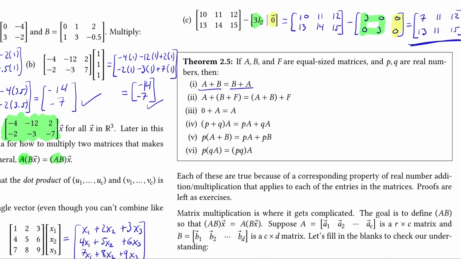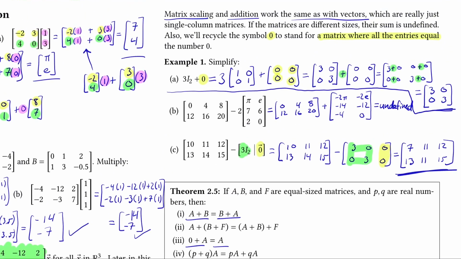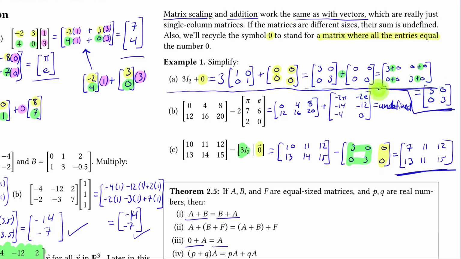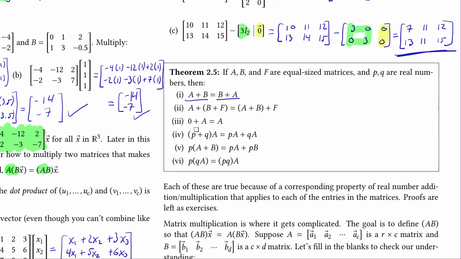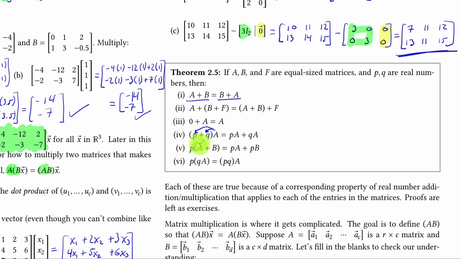If you add the 0 matrix to anything, it doesn't change it, kind of like what we just saw with example 1a. We got a couple distributive rules. We can distribute scalar multiplication over scalar addition. We can also distribute scalar multiplication over vector addition like this. It works both ways. We got an associative rule.